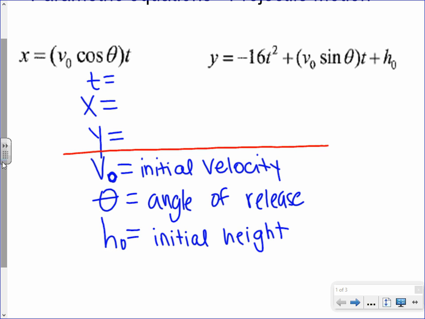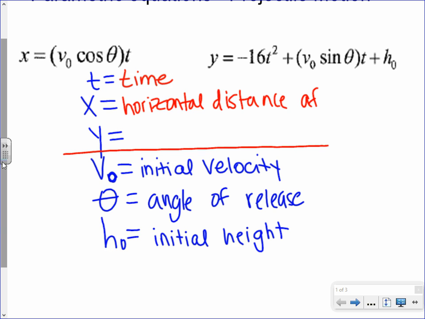So pod 4, what does time stand for? T is time. Glad I could give that away for you. How about x? Okay. x stands for the horizontal distance, specifically after a certain amount of time t.